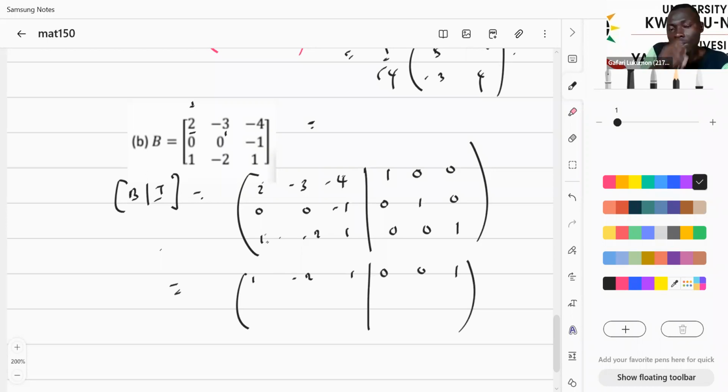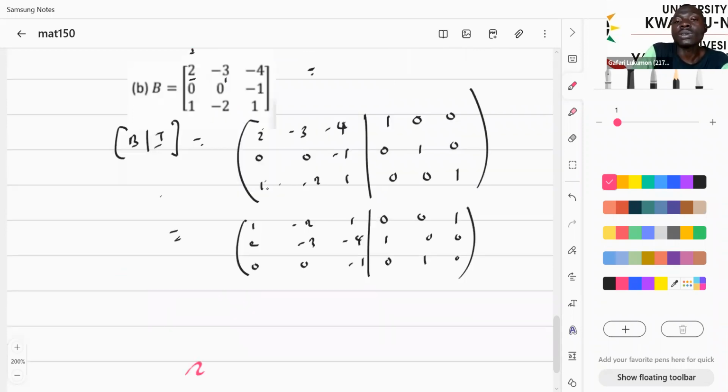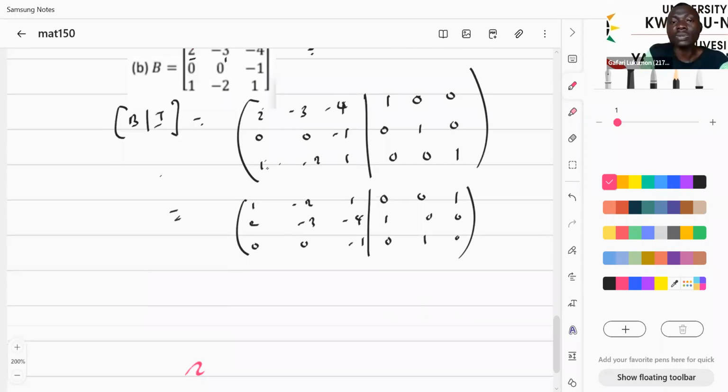You understand now? Then I can bring this one down, 0, 0, minus 1. So that I know the thing I'm going to do is to just multiply this by minus 1 to have 1. And lastly, this one, maybe 2, minus 3, minus 4, 1, 0, 0. That is allowed. You can change any of the rows. Okay, now, how do you reduce this?